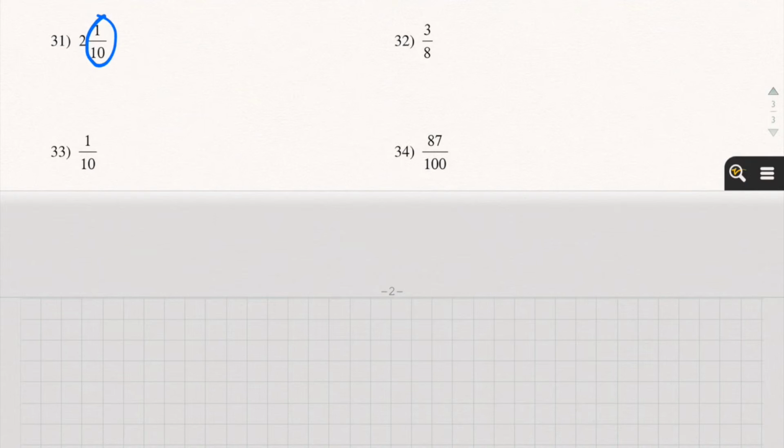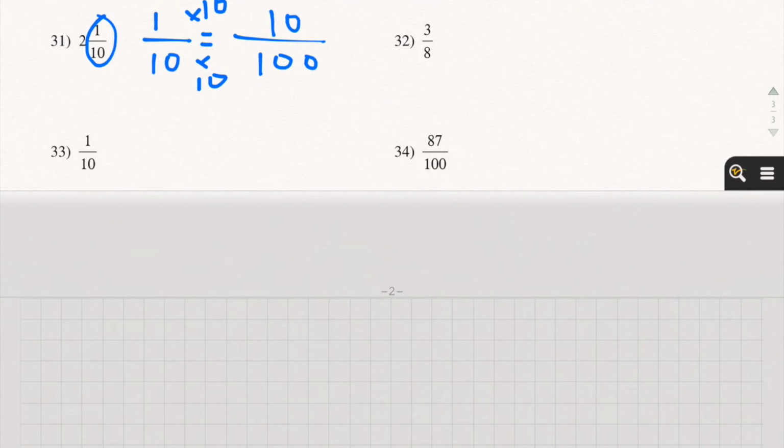So we end up getting 1/10. Again, because it's out of 100, we can multiply the top and bottom by a factor of 10 to get 100 on the bottom. If we multiply the bottom by 10, we have to multiply the top by 10. So we end up getting 10 here. 10 out of 100 is equal to 10%. And then we can just add that onto the 2.